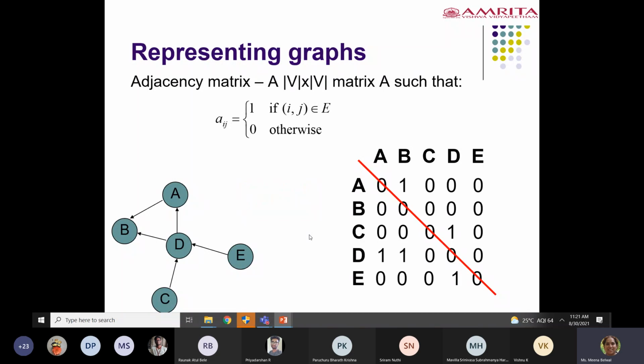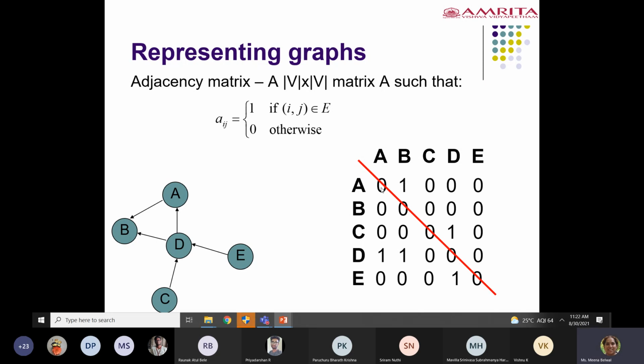Now, when you see the directed graph, it is like this, right? So A to B you have. From B, there is nothing. From C, it is only D. From D, it is A and B. And from E, it is only D. Now you see this is not a symmetric matrix, right?